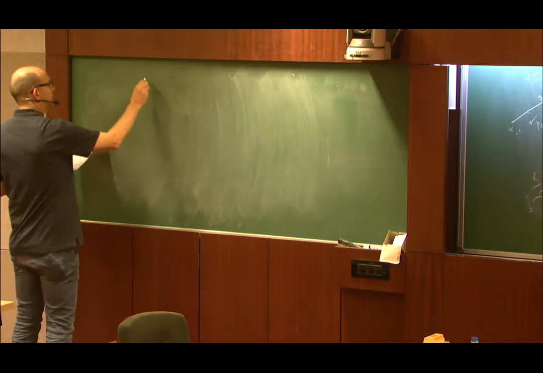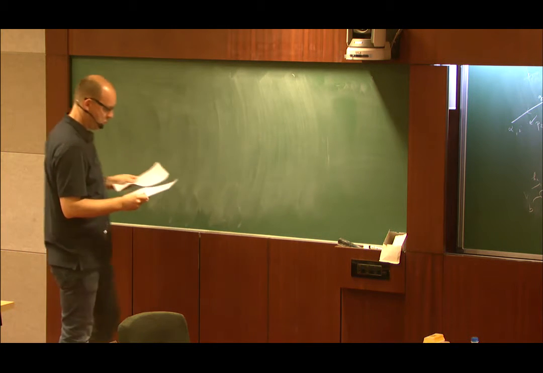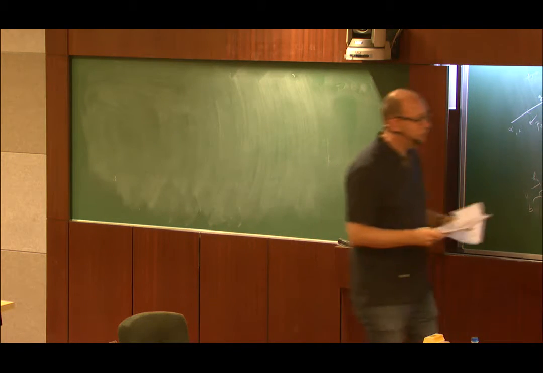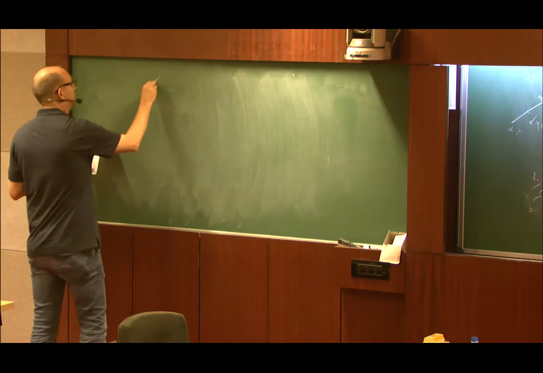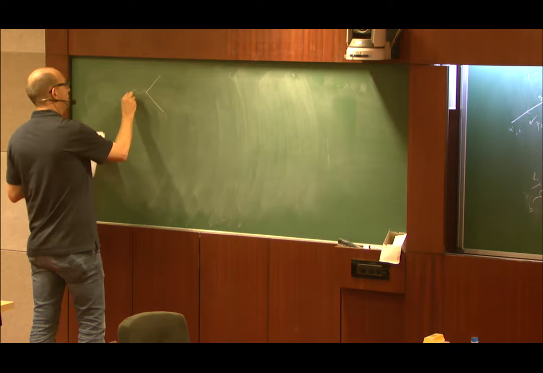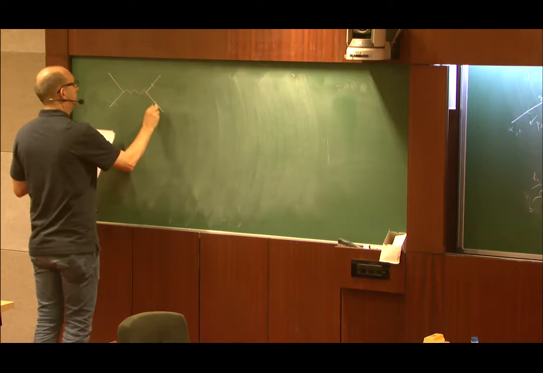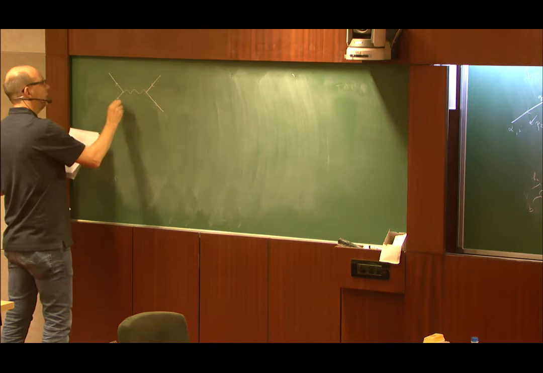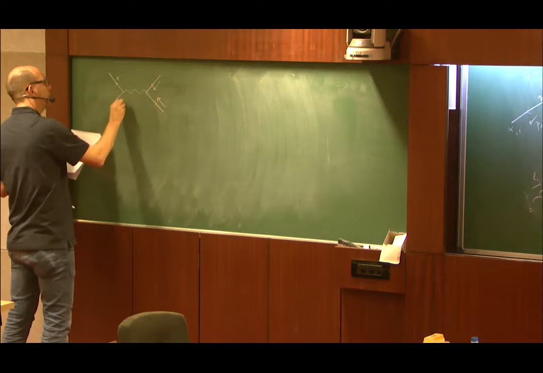So let me write it again in a bit of detail here. So we have here the hard scattering. I'll first draw the charge flow on the lines, and then the momenta. This is coming in, this is coming out.